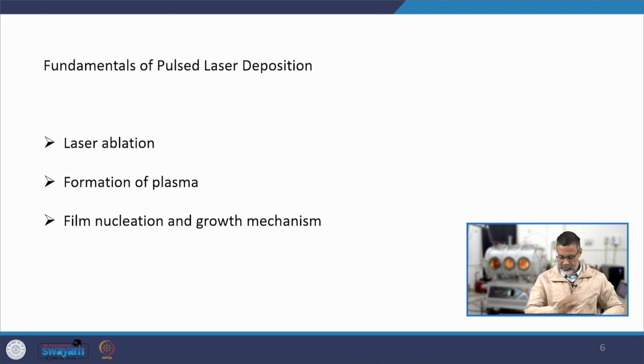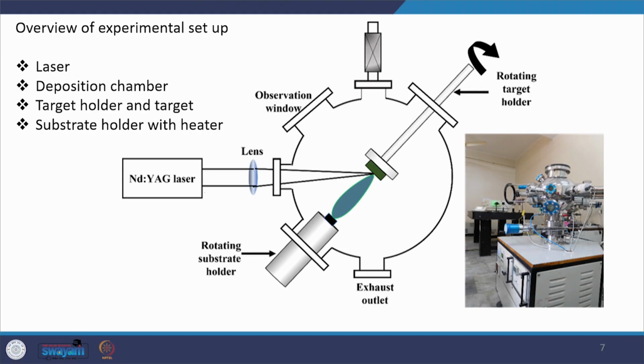We will give a small description, an overview of the experimental setup of the pulsed laser deposition technique. Here you can see that there is an Nd:YAG laser. I have shown this because we use these lasers in our laboratory in the physics department of IIT Roorkee.